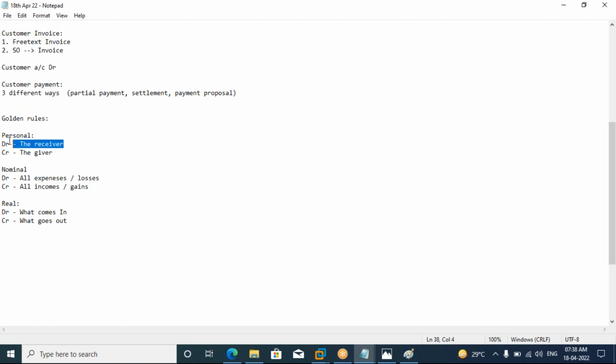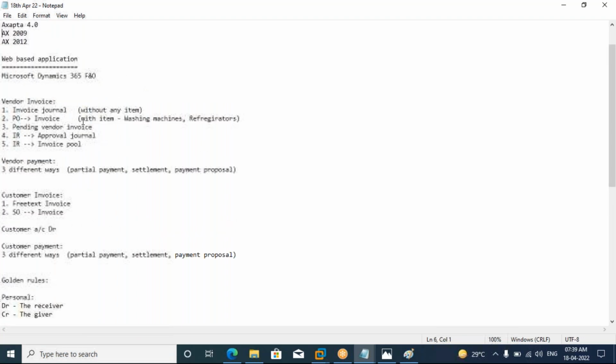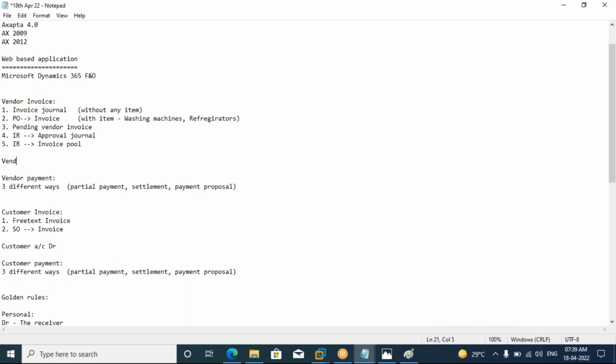Debit the receiver, credit the giver. Who is giving material? Vendor. So the vendor account is credited.